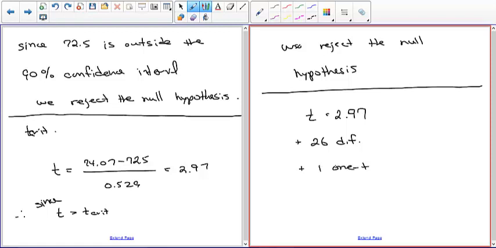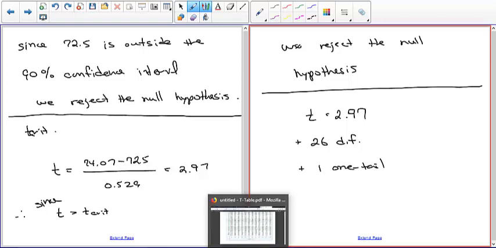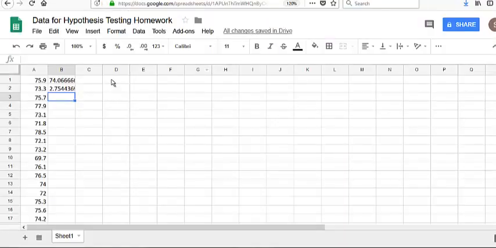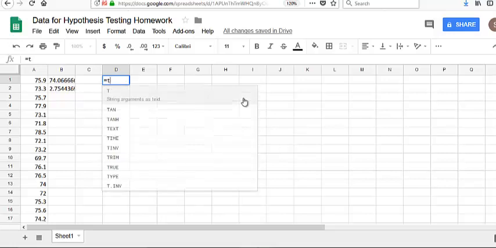Again, we use one tail when the alternative hypothesis says that one is greater than the other instead of not equal to the other. So let's see if there's a Google Sheets formula that works for this. We'll look under formulas. What was the one we had? T something.